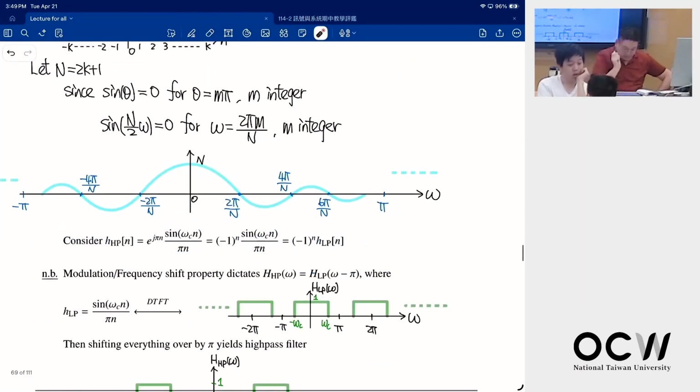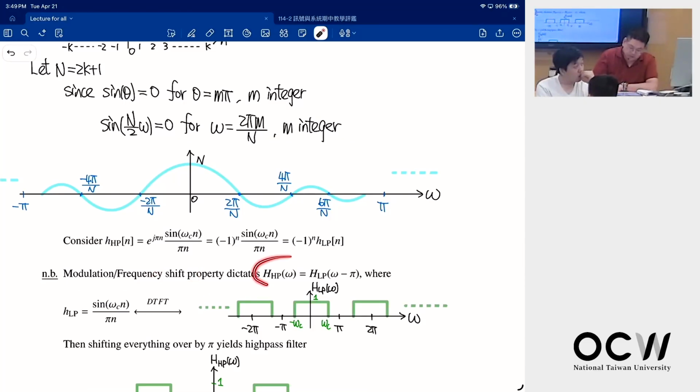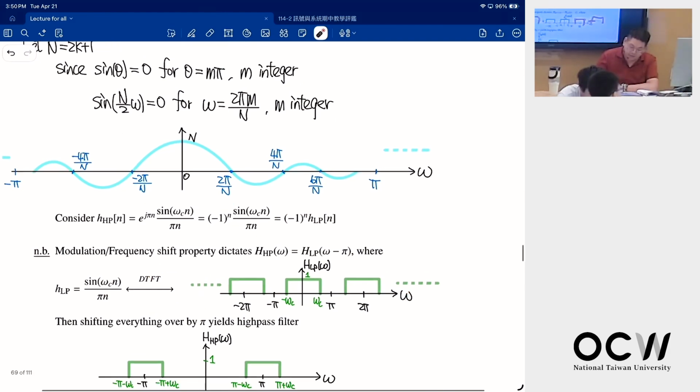Okay. For the modulation, this shift property, we say that in frequency domain the high pass filter is like the low pass filter shifted by pi to the right. This is a low pass filter. Okay, for the low pass filter, from minus WC to WC, and in this range from minus pi to pi, and then it's periodic, so they got a bunch of rectangular signals.